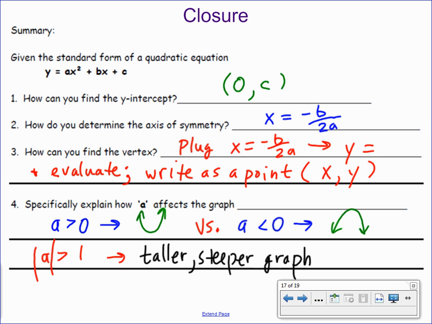Versus absolute value of A between 0 and 1, that's a fraction like 1/2. You saw that with your 1/2, you were less steep. You had shorter y coordinates in relation to the parent function. So if absolute value of A is in between 0 and 1, values like negative 2/3, positive 1/7, those would result in a shorter, less steep parabola arm.